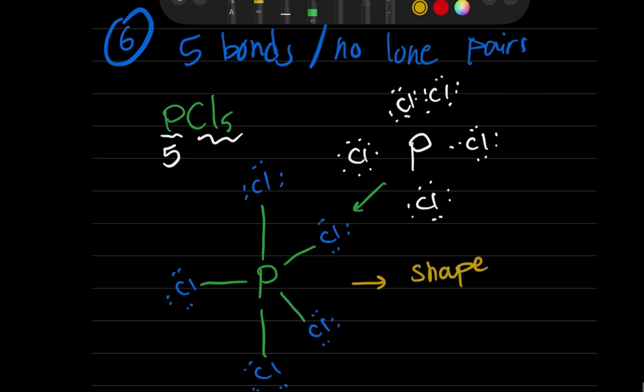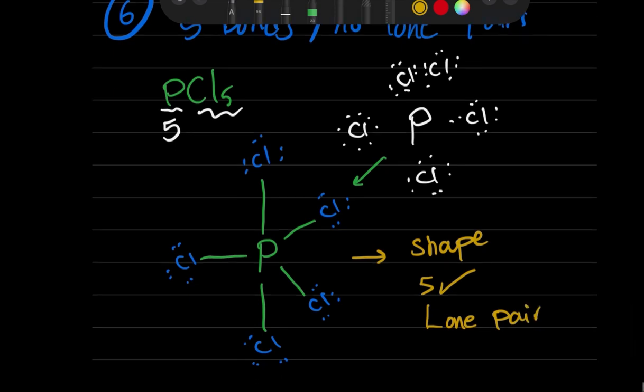First of all, how many bonds do you have? You have 5 bonds. And we don't have a lone pair, and that's why we call this shape by a beautiful name. It's called trigonal bipyramidal. And why do we call it trigonal bipyramidal?